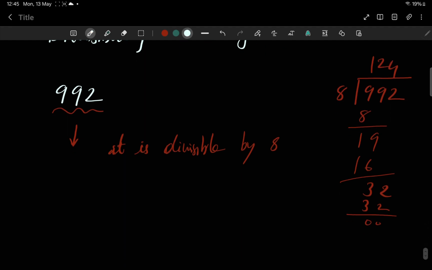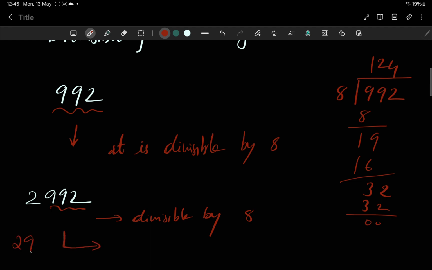Consider this one, 2992. In this, the last three digits, that is 992, are divisible by 8. So this 2992 is divisible by 8.